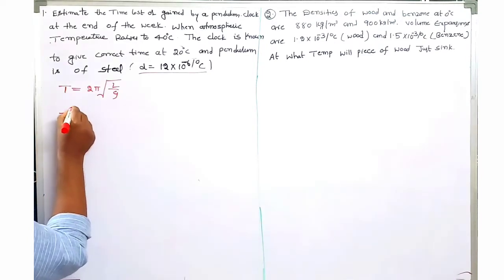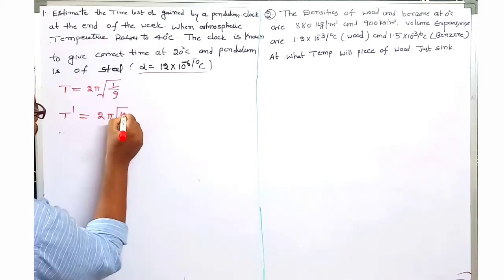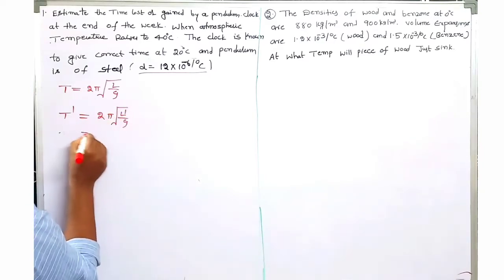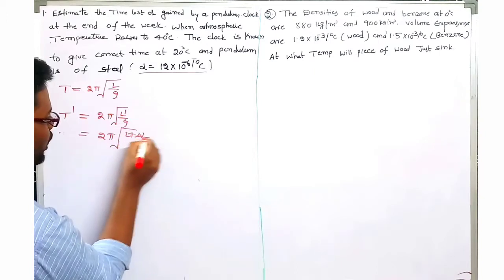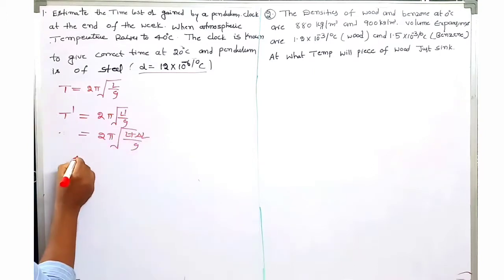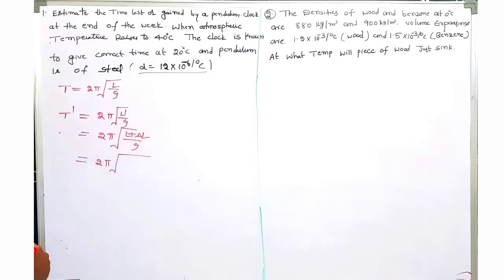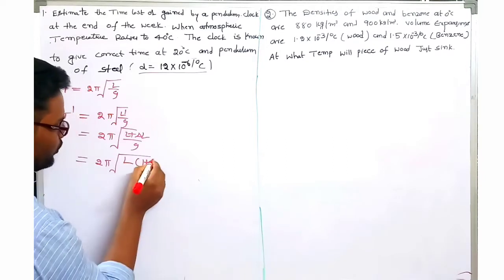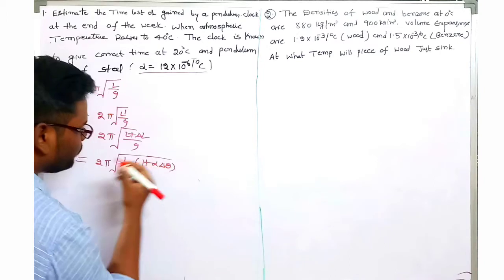Then the time period is T dash, which equals 2 pi root over L dash by g. The final length we can write as L plus delta L, so T dash equals 2 pi root over L plus delta L by g, and L plus delta L we can write as L into 1 plus alpha delta theta, right?